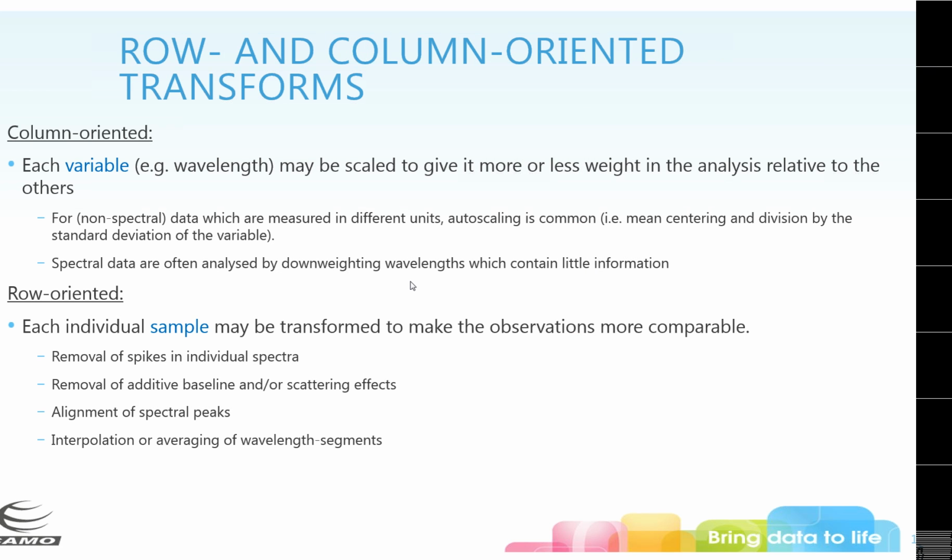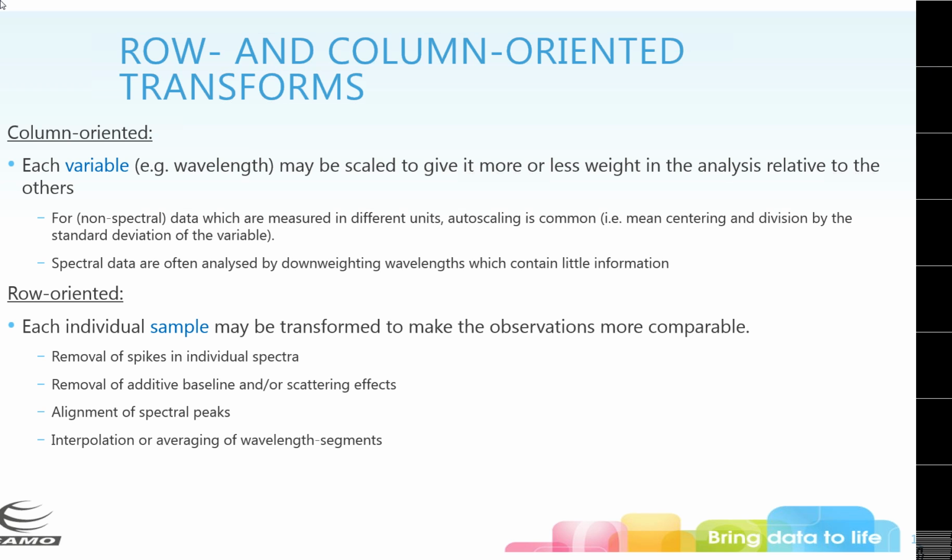So there are different types of transforms. Some are column-oriented. That means that each variable is scaled individually through the samples, right? So spectral data can be down-weighted for different wavelengths that have no information or little information. For non-spectral data, this is data that's measured in different units. Auto-scaling is very common, so mean center and division by the standard deviation. And then there's also row-oriented.